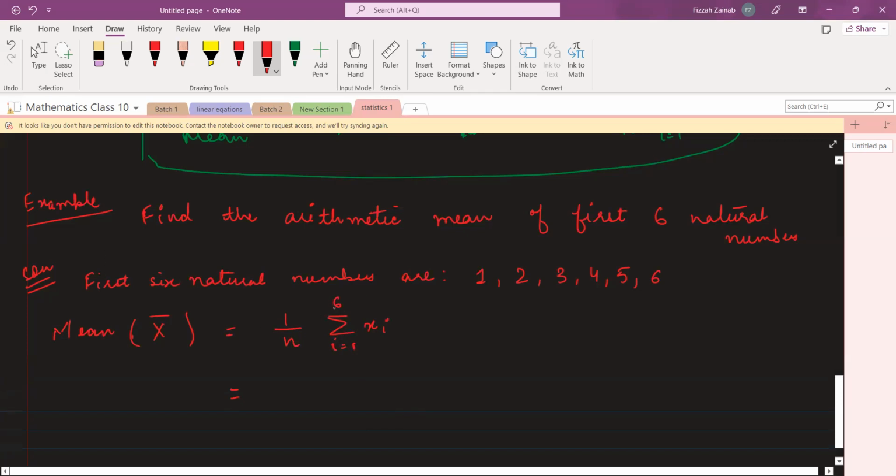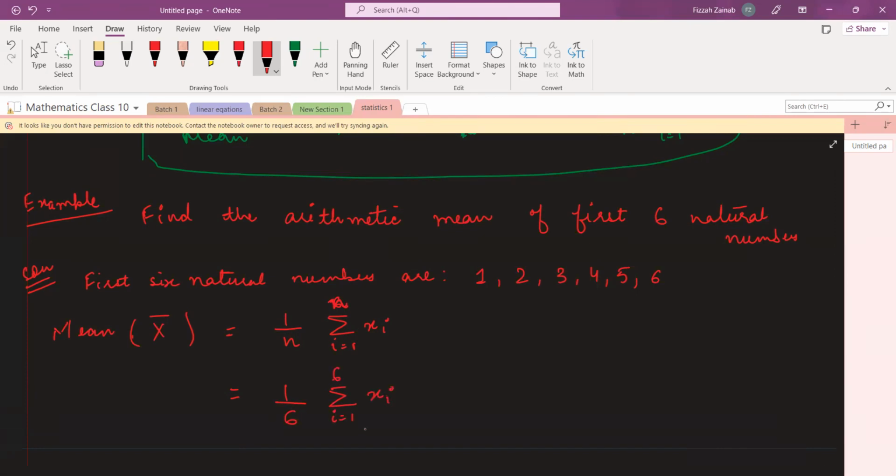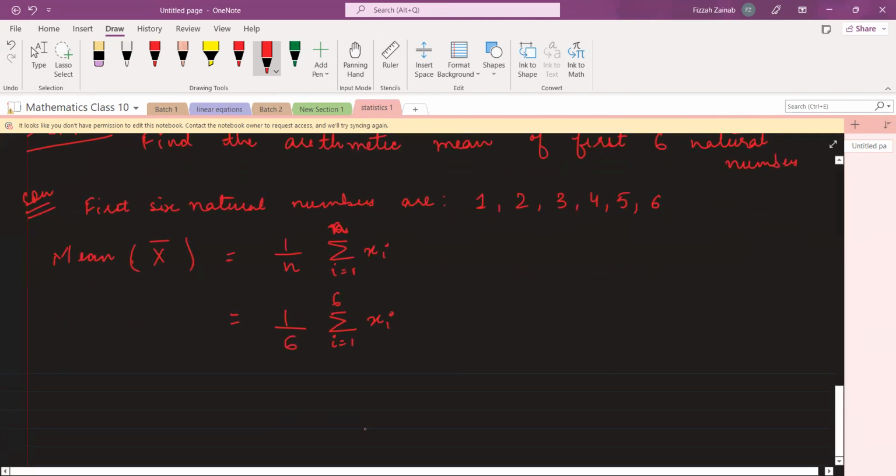First of all, write down in terms of n and then 6. So now this 1 upon n will become 1 upon 6 and then summation i equals 1 to 6 of xi. Is that clear? So that means 1 upon 6 and now you sum your xi.